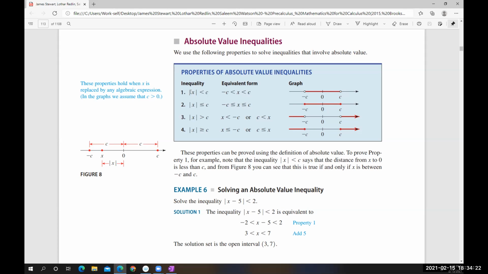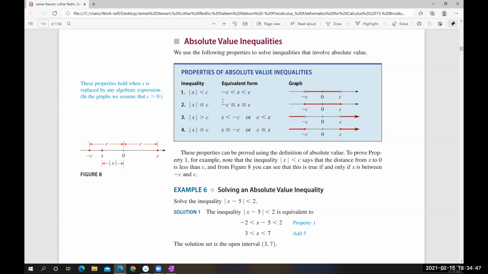So we have the absolute value of x, and remember, absolute value is the size of the number. Basically, it gives you the positive part of the number. So it says the absolute value of x is strictly less than c is the same thing as this pair of inequalities. And here is the plot.